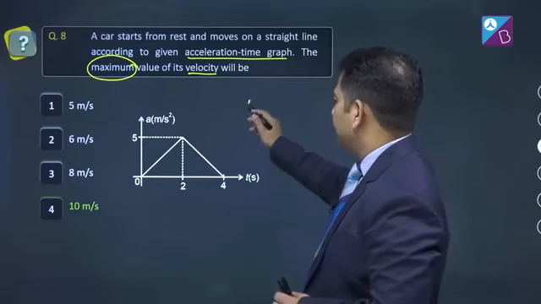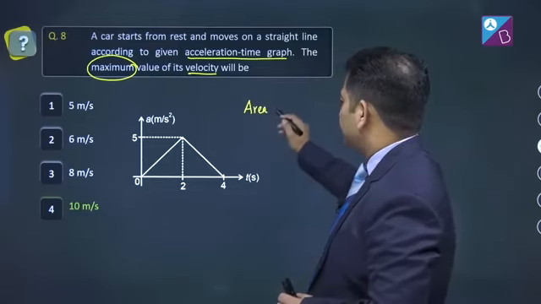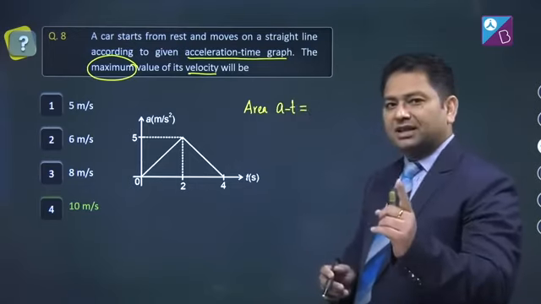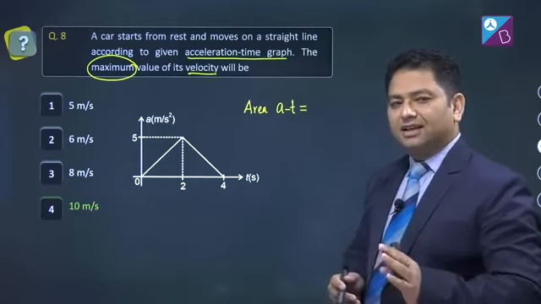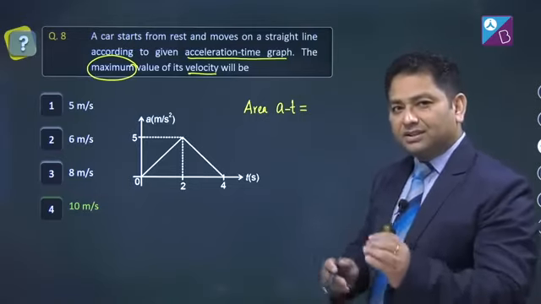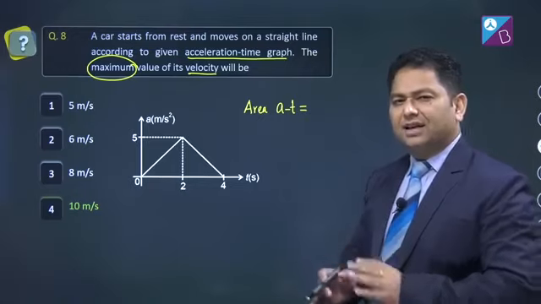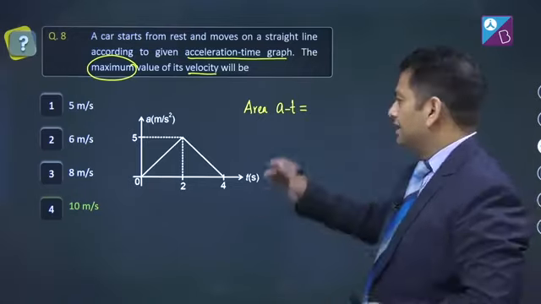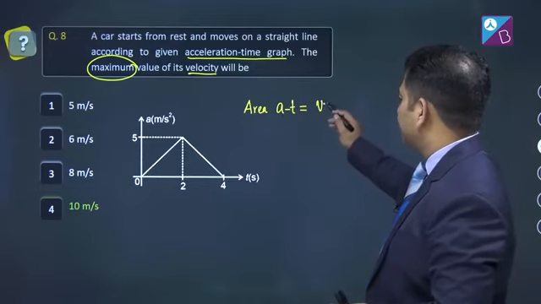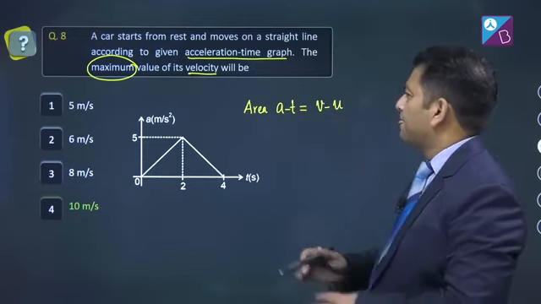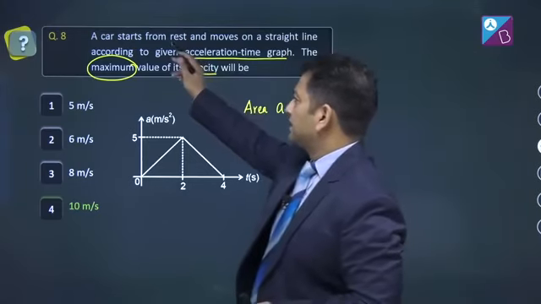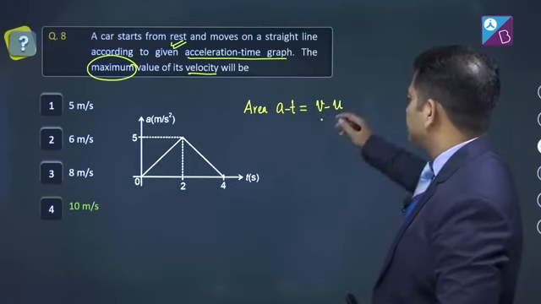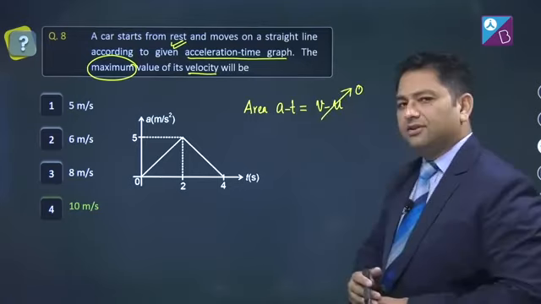So here, area of acceleration time graph, that is not velocity, change in velocity. I have found even the best students sometimes ye galti karte hain ki acceleration ka jo area hai wo velocity likh dete hain. But be careful, the area of acceleration time graph will be change in velocity. However, kyonki question humein kehta hai the car starts from rest, in that given situation, the initial velocity will be 0.